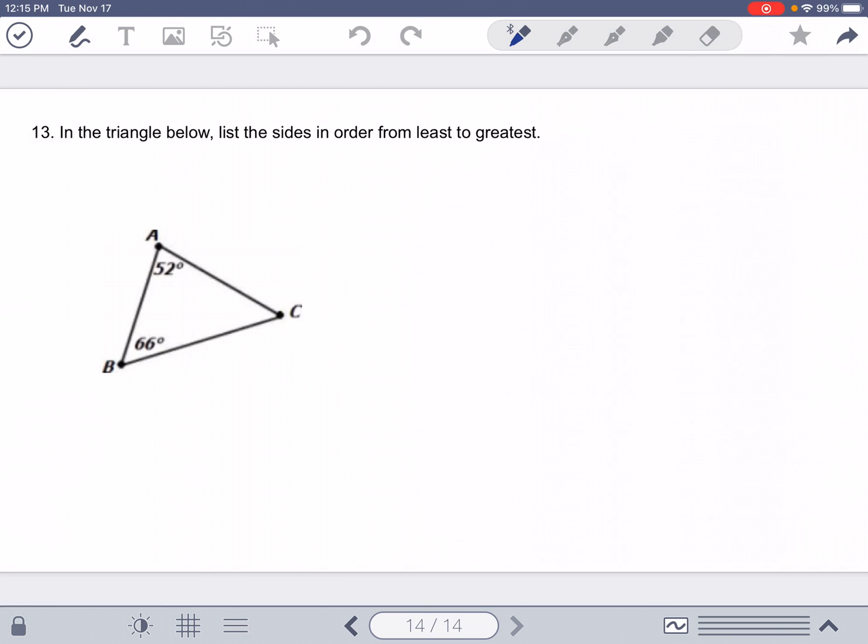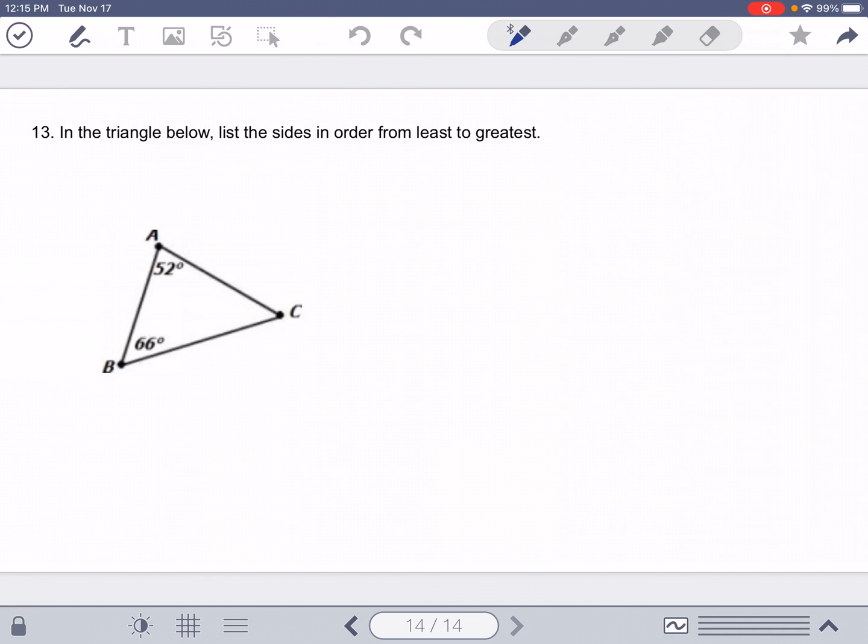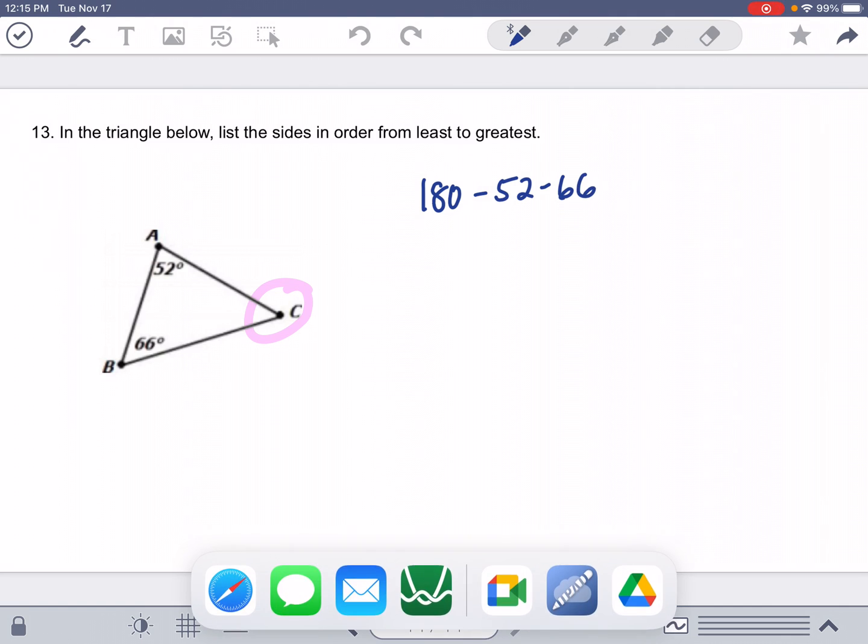And we've done this problem before too. But let's do it one more time. First, find out what C is. 180, subtract 52, subtract 66.